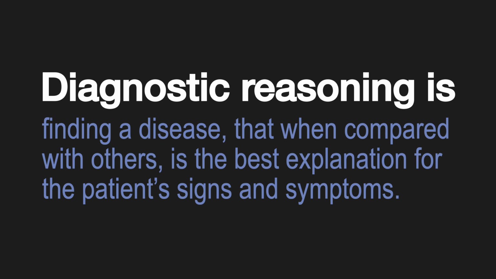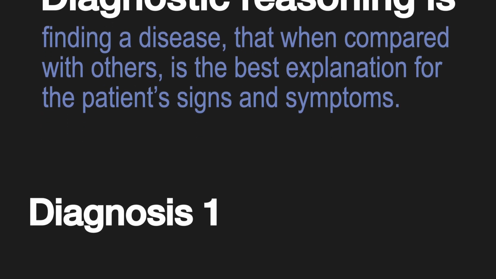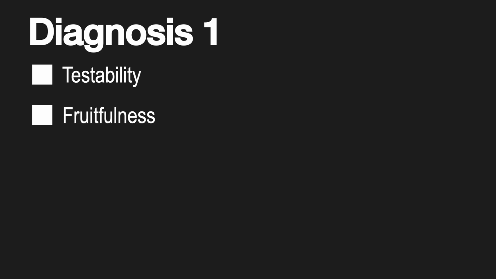A patient presents with signs and symptoms that demand an explanation. We start off just like System 2 and generate a working diagnosis. Let's call it Diagnosis 1. And test it with additional signs and symptoms that Diagnosis 1 predicts. But to help us interpret the results of these tests, we evaluate our other criteria.